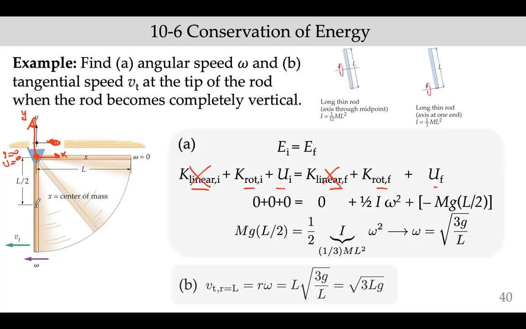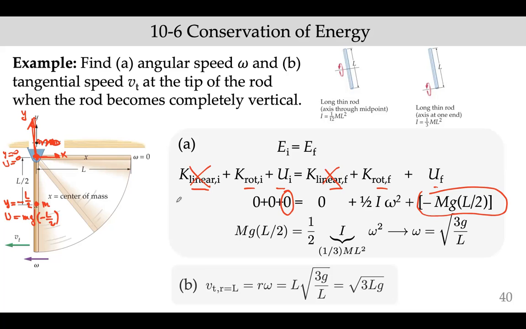Now for the final case, the center of mass is here. So in this case, its potential energy will be, what is this position? It's negative L divided by 2. So the potential energy will be m g times negative L divided by 2. So we have the final potential energy here. Initially, we took potential energy to be 0 because we used this coordinate system.